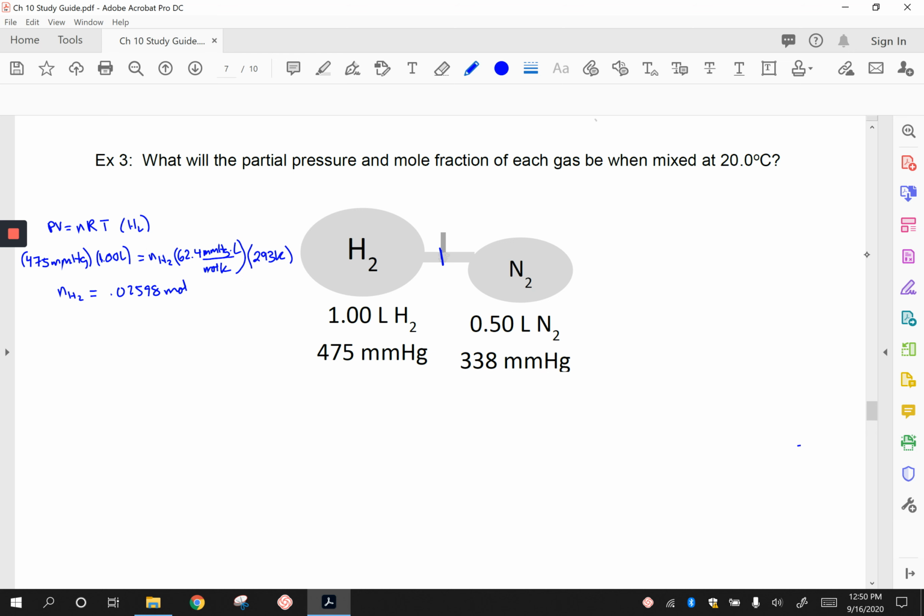I'm going to do the same thing for the nitrogen. PV equals nRT for nitrogen this time. Again, just with it closed here, I have the 338 millimeters of mercury, and that was in half a liter.